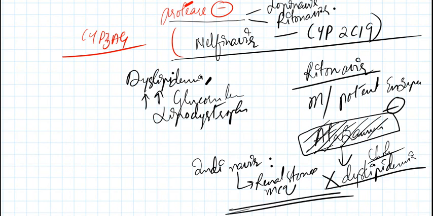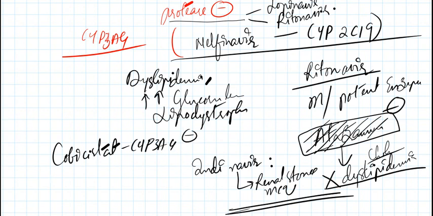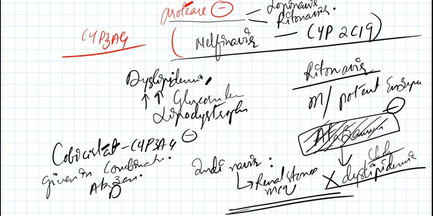And I just want to say one thing. There is a drug called cobicistat, which is actually a cytochrome P3A4 inhibitor, and it is given in combination with atazanavir or darunavir or elvitegravir.